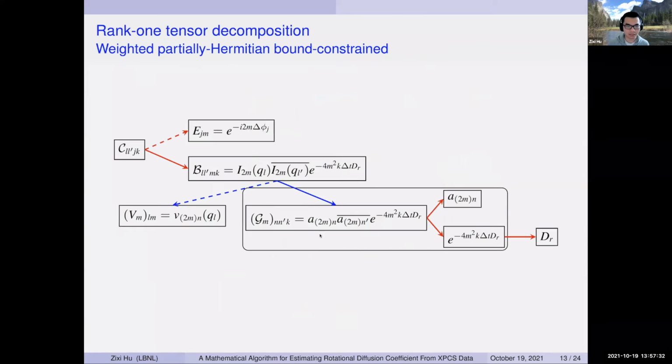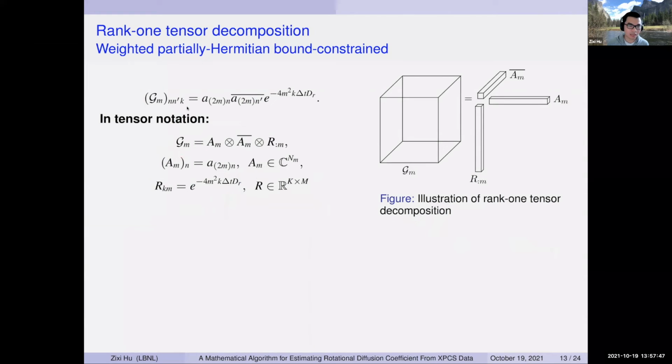Now we're ready to get the exponential decay factor from the tensor Gm. In this step, we perform the rank 1 tensor decomposition to calculate the coefficient A and N of the expansion and this exponential decay factor. For each n, the n prime, k entry equals this product.